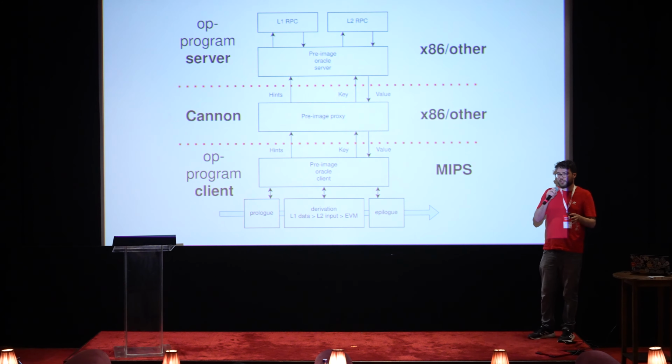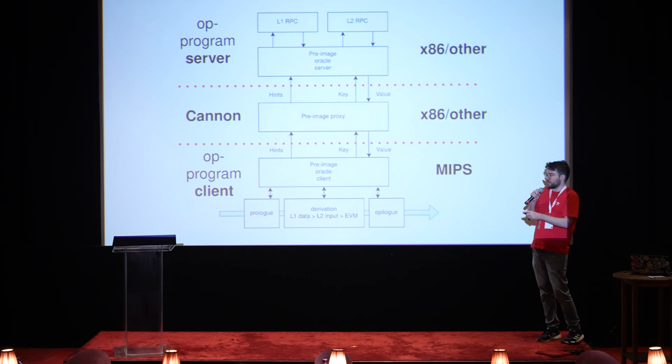Now, what a hint does is signal to the server that some preimage needs to be prepared. The OP program understands exactly what it's trying to process, but Canon is just a MIPS virtual machine. Canon doesn't even know about Ethereum. So when the program tries to fetch a block, it signals that, oh, I need the header, and I need all the receipts, and I need all the transactions.